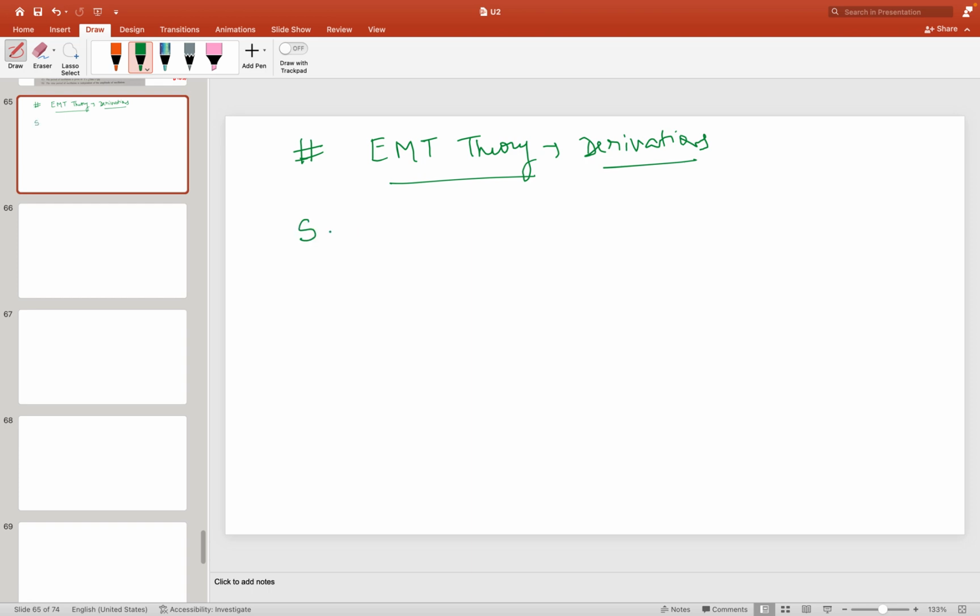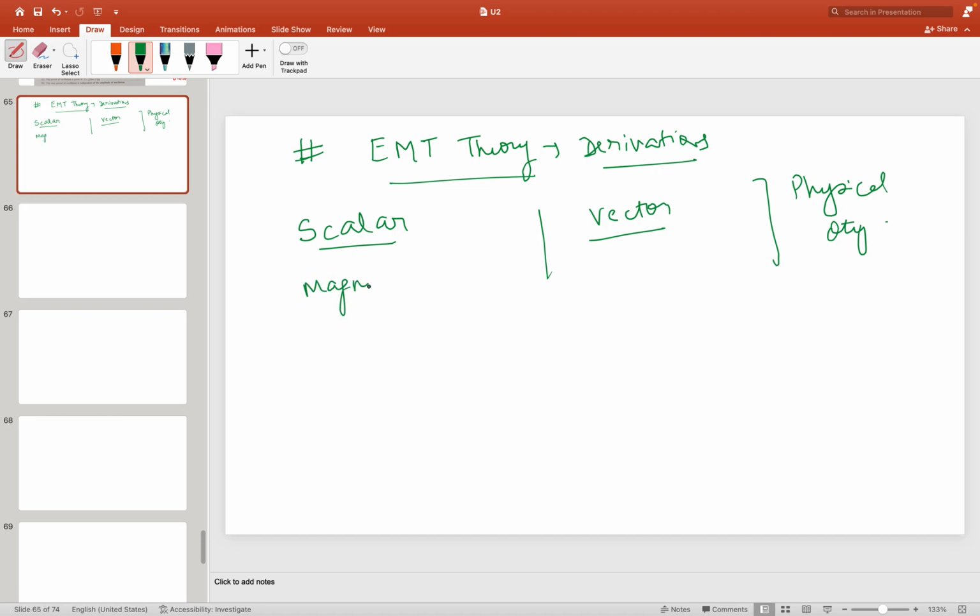Okay. So there are basically two kinds of quantities existing in nature: scalar and vector quantities. Every physical quantity in nature is either a scalar or a vector. So what's a scalar? Scalar quantities are those which have only a magnitude term.